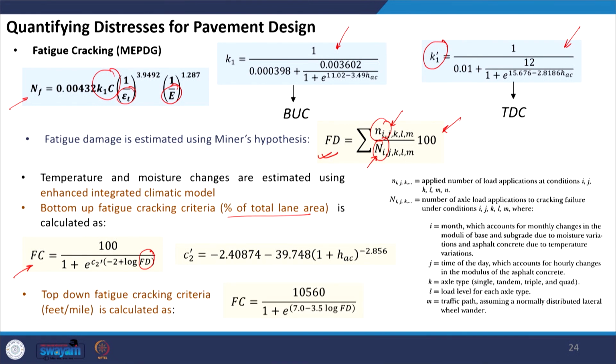And for top down cracking they also have an equation to calculate the total amount of fatigue cracking as feet per mile of top down cracking, which again uses the fatigue damage, and fatigue damage uses the allowable number of load repetitions, a function of the equation which we have talked about, alright.